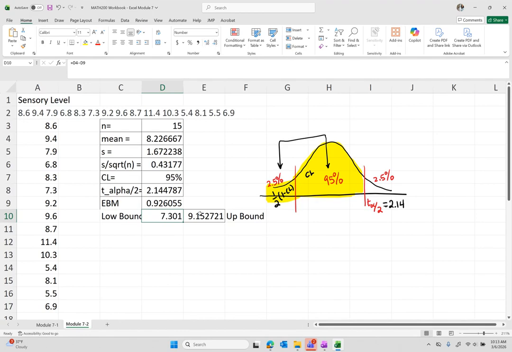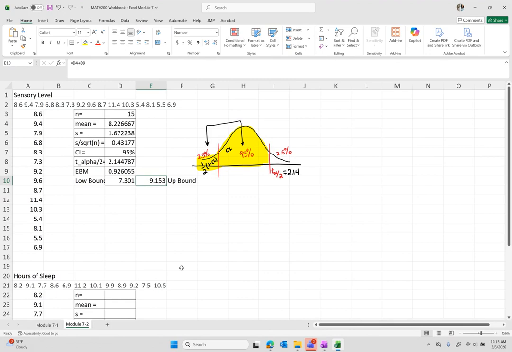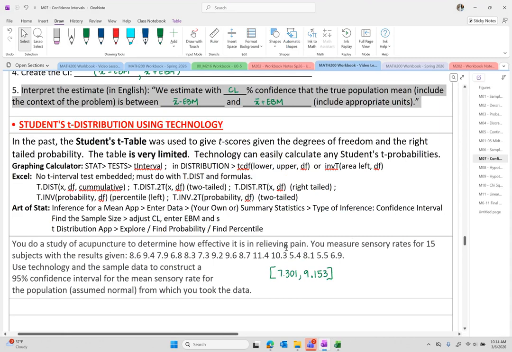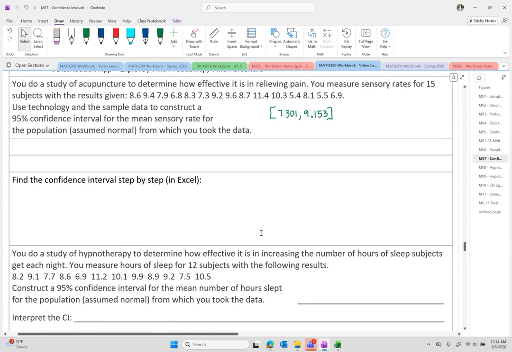It will round to the values that Art of Stat gave us. So Excel can do a better rounding. So that's how we would find it in Excel, and it is part of your project to do that. So we did it in Excel.